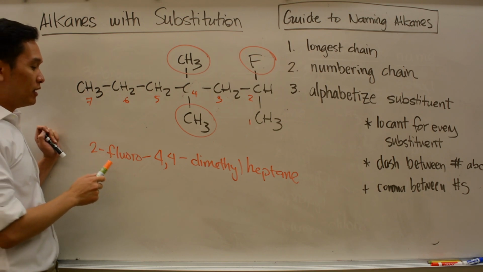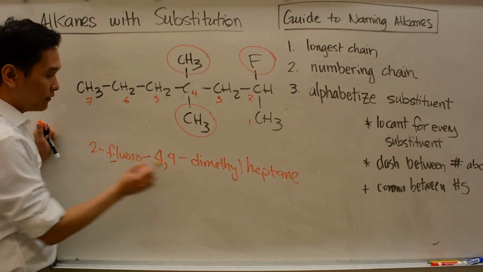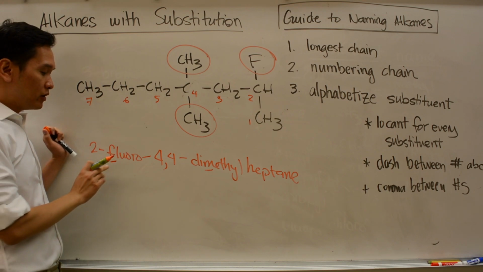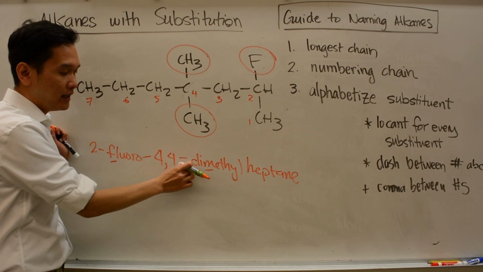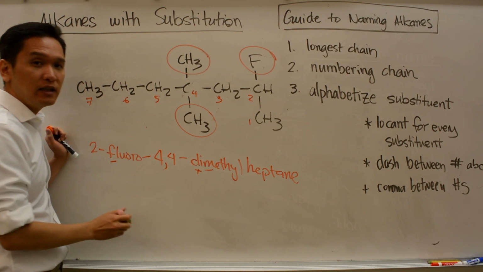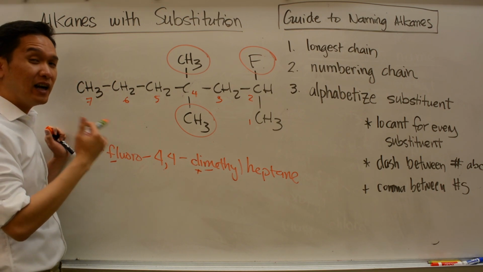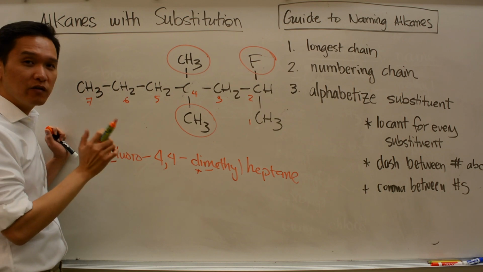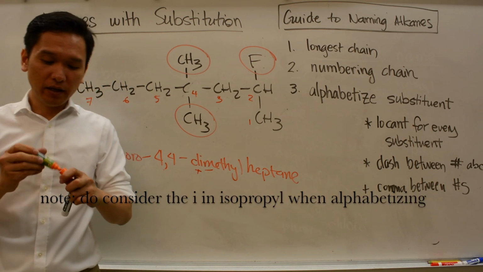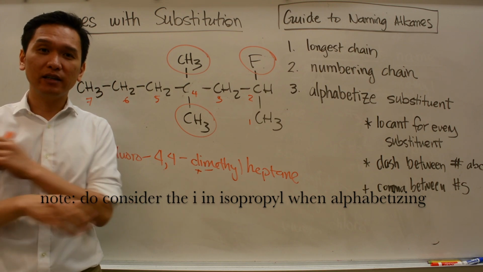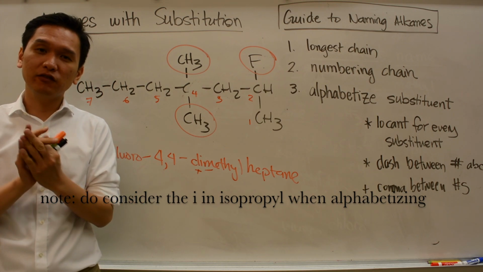You want to put the F before the methyl, right? You consider the root substituent, which is fluoro versus methyl, not the D. You don't consider D, as in the di or the tri or etc., one of those prefixes when you alphabetize. You can have many more examples. You want to try it out and name them. It should be fun and it should give you good practice.